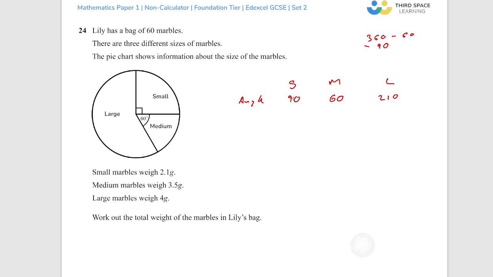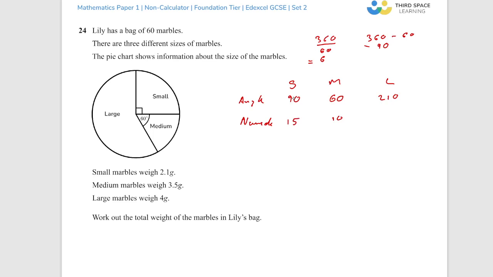So we've got marbles. So if we now look at number, if we're splitting 60 between that, 360 divided by 60 is equal to 6. So each 6 degrees represents one marble, so that would be 10, that would be 15, and then we can either do 60 minus that, which would probably be quickest.